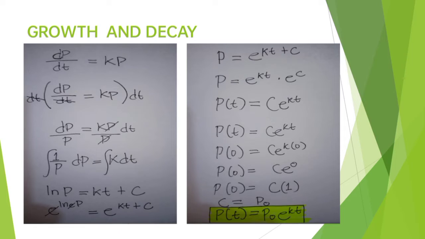So, before we proceed to the problem, we first need to get the general population, P of t. So we need to differentiate. dP over dt equals kP. So, divide both sides by dt to remove the dt.